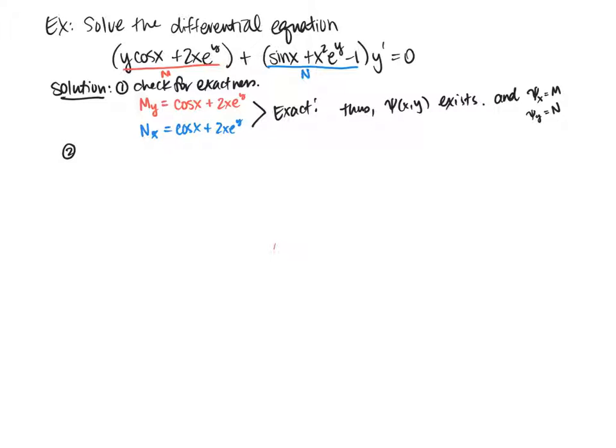I can choose to integrate m with respect to x or n with respect to y. Now, how do you choose which one to do? Well, there's a little bit of strategy in choosing which one you want to do. I'm going to make kind of the less efficient choice, and I'm going to choose to integrate m with respect to x here, because I want to make a point.